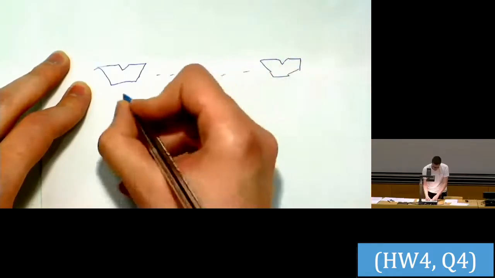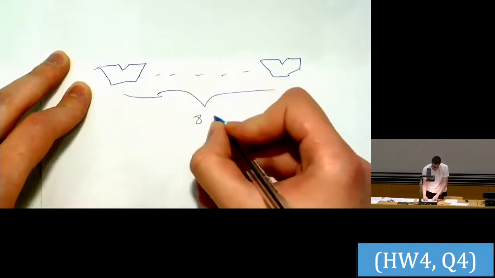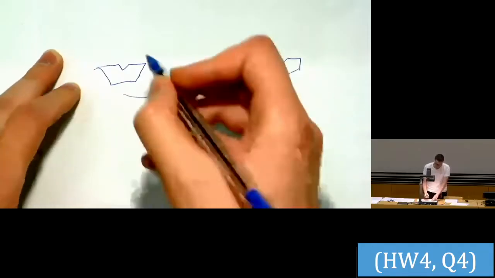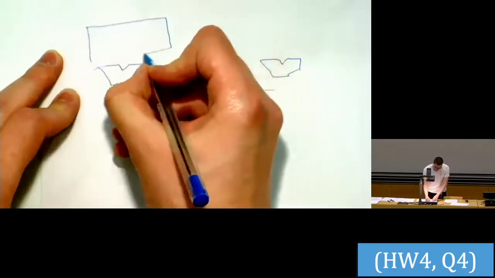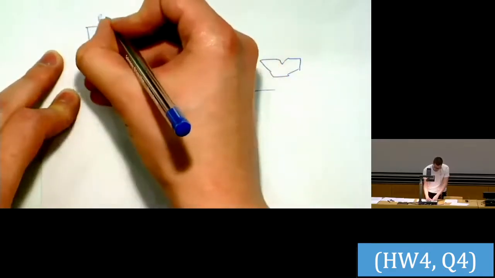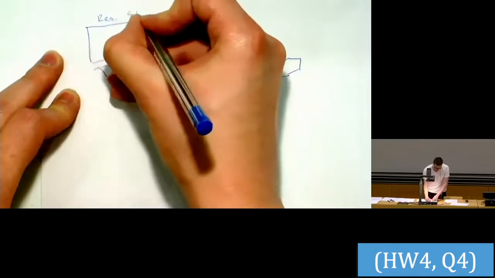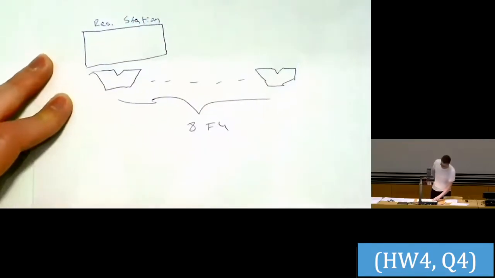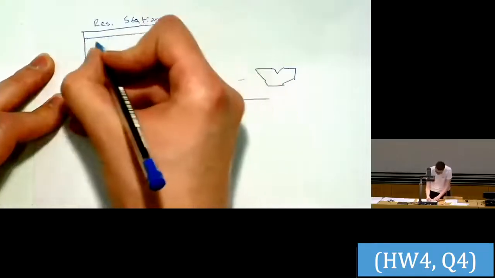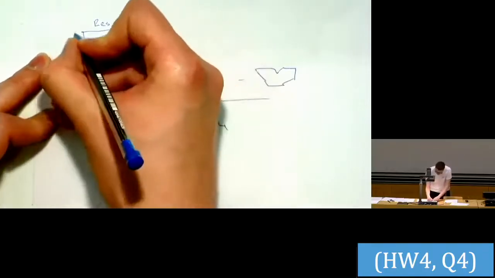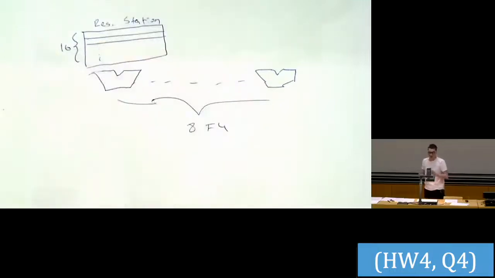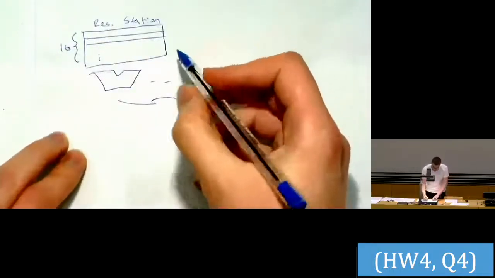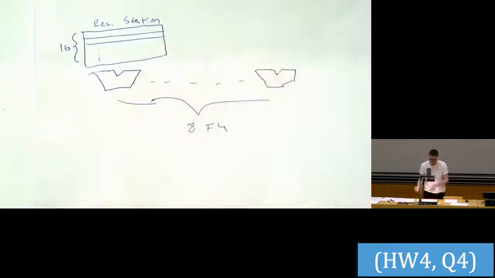Okay, I can't draw very well, but you have 8 functional units in total, and each functional unit will have its own reservation station. We have 16 entries in total per reservation station, and there are as many reservation stations as functional units, right?